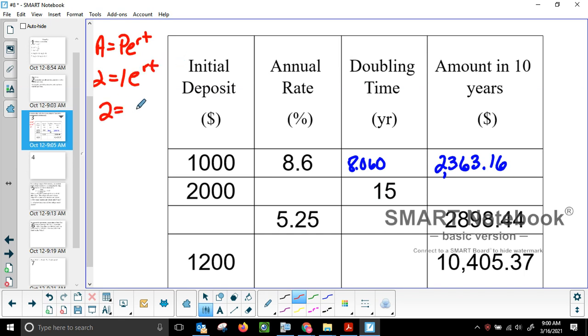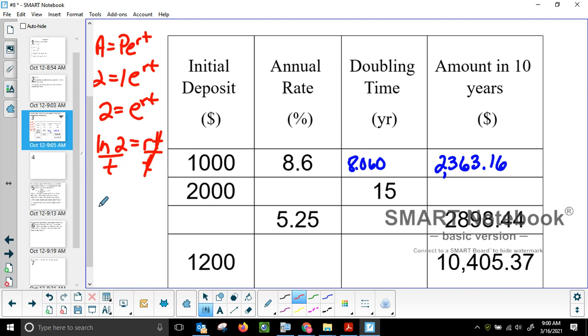So 2 equals e to the rt, which means ln of 2 is equal to rt. Well, this time I'm trying to solve for the rate, so I want to divide by t. So it's really the exact same thing, except now I'm dividing by the time to get the interest rate. Does that make sense?